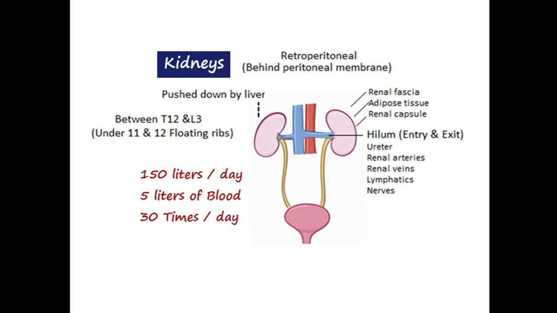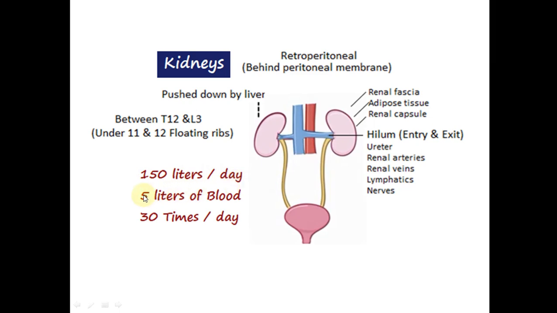The major function of the kidney is the filtration of the blood. The kidneys in our body work just like a filtration plant, and normally the kidneys filter about 150 liters of blood in one day.